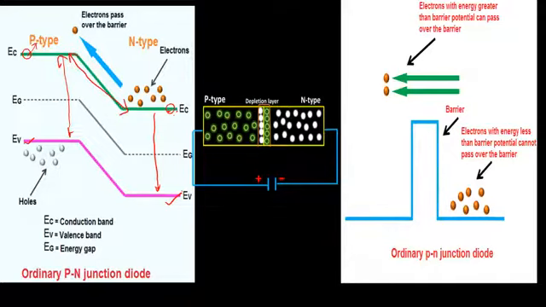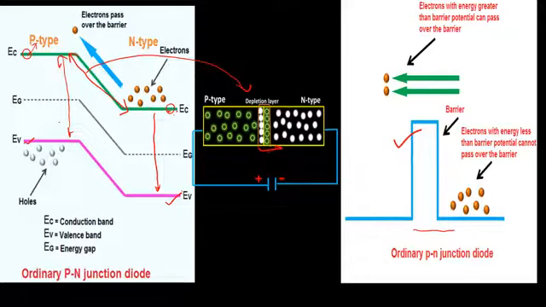In order to pass an electron from the conduction band of the n-type material to the valence band of the p-type material, it needs to overcome this barrier. This barrier corresponds to the depletion layer, so the depletion layer acts as a potential barrier. Here we can visualize the potential barrier like this.